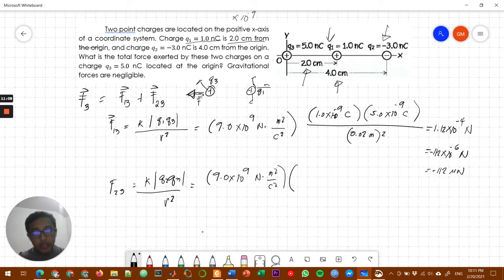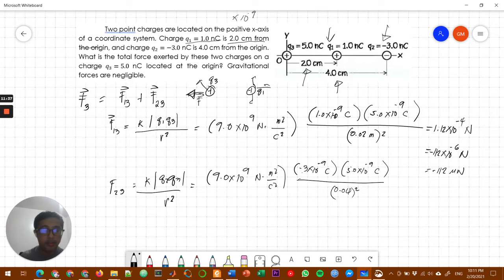Charge Q2 is negative 3 times 10 to the negative 9 coulomb, and charge Q3 is 5.0 times 10 to the negative 9 coulomb. And then this is 0.04 squared.